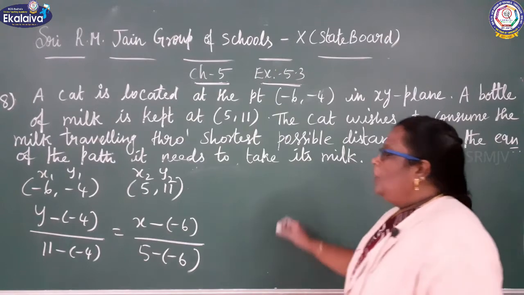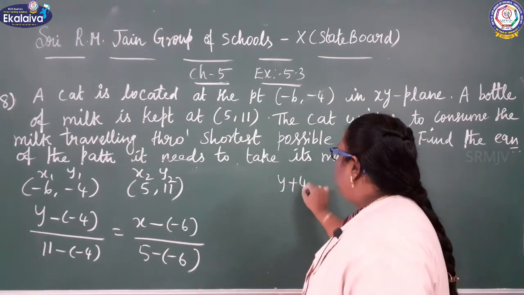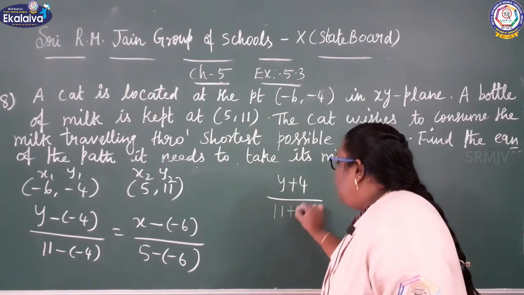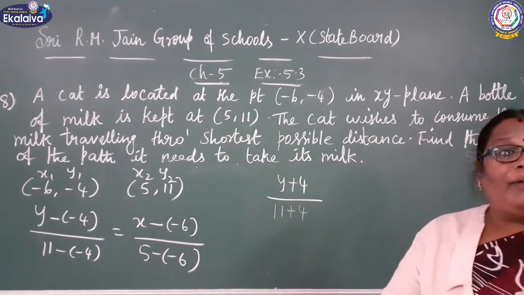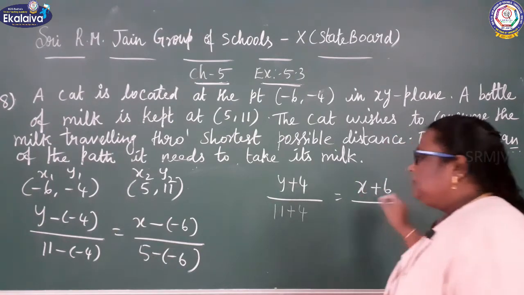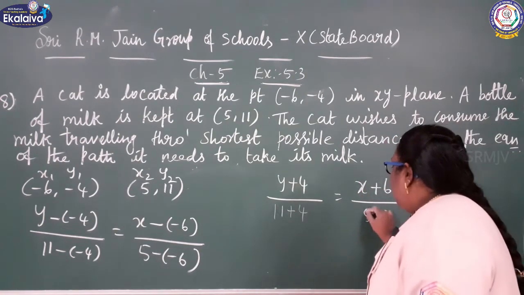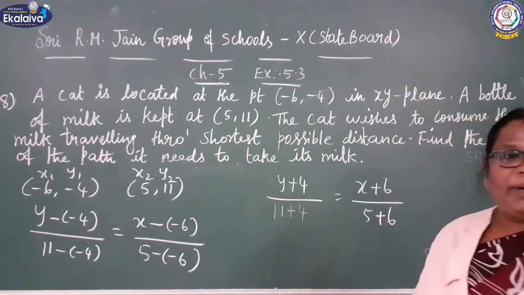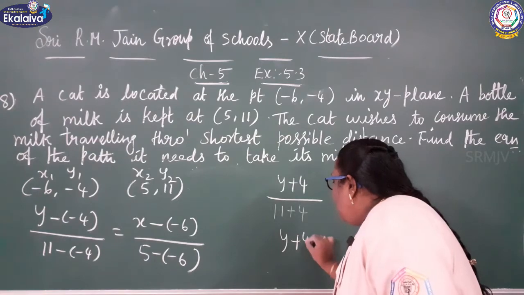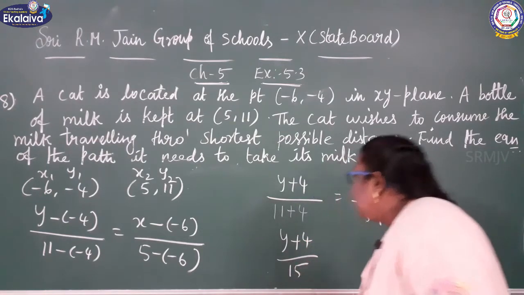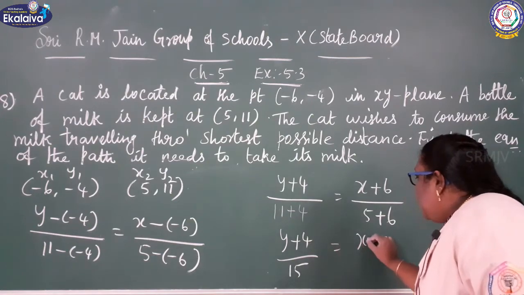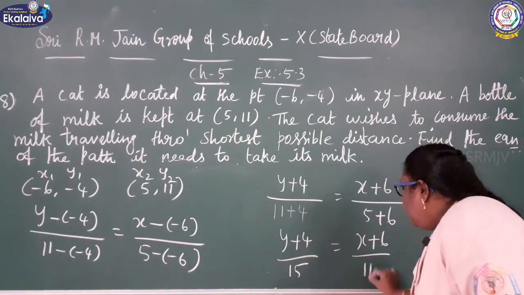So y plus 4 by 11 plus 4 equal to x plus 6 by 5 plus 6. That is y plus 4 by 15 equal to x plus 6 by 11.